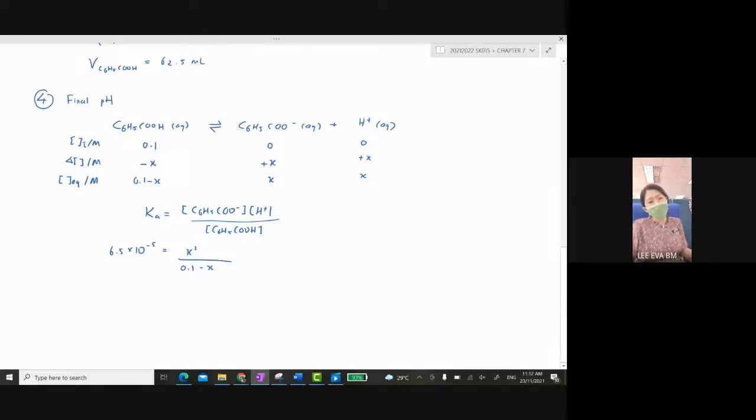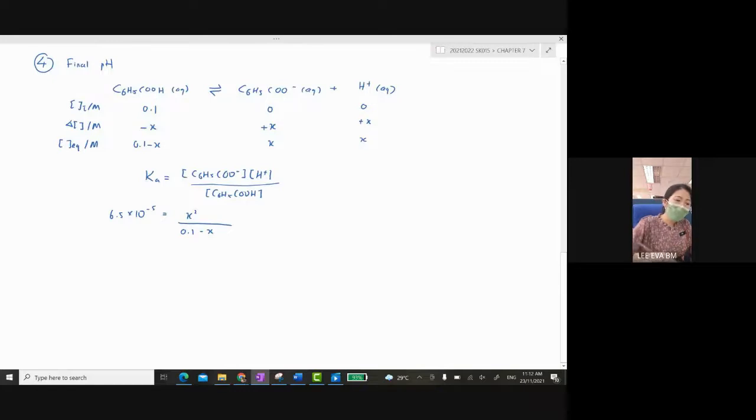And then you need to solve your quadratic equation. Solving quadratic equations, again, you need to practice this one. So madam gives you the value straight away, just to double check whether you got this value of x or not. We take the value that will give you only a positive concentration. So 2.52 times 10 to the power of negative 3 molar.